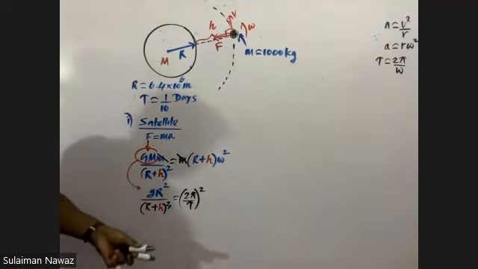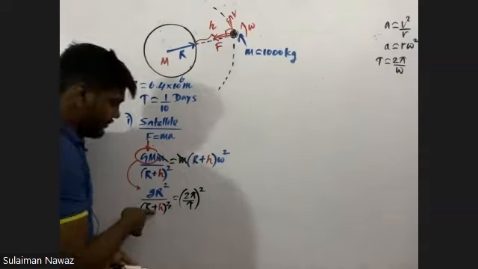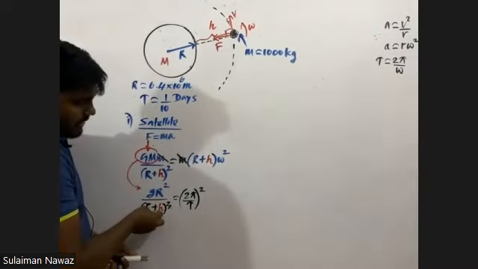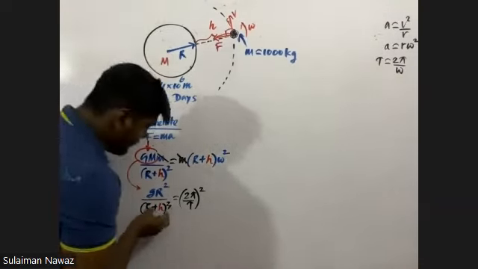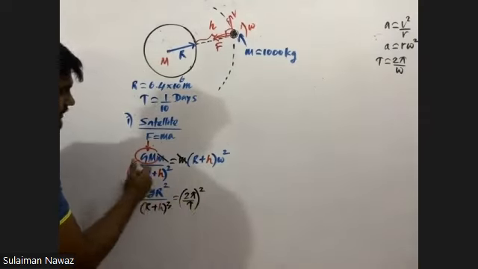Now my target is to make small h the subject. How do I solve for small h? I will bring (R plus h) cubed to one side.